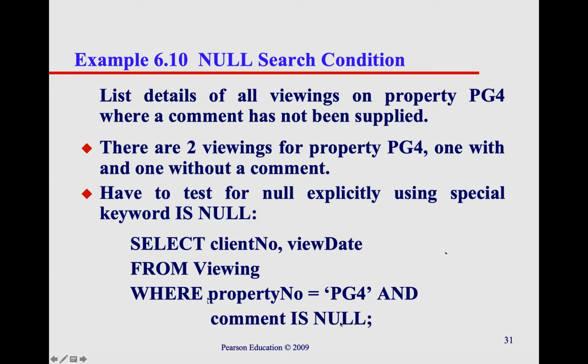That doesn't work. Okay, so you have to use is null in order to retrieve tuples whose column has a null value. And if instead I wanted the viewings for this property where the comments were not null, then I would say is not null.